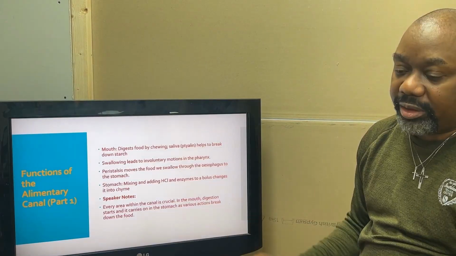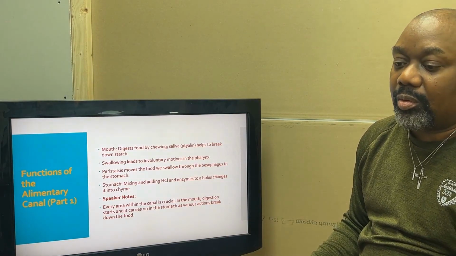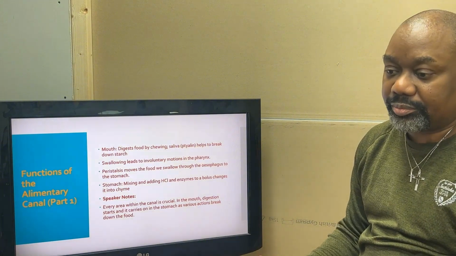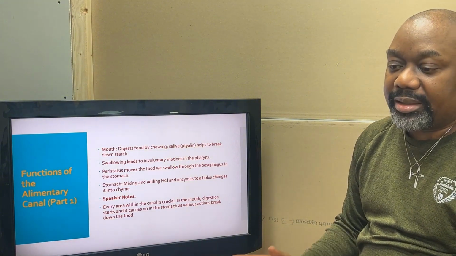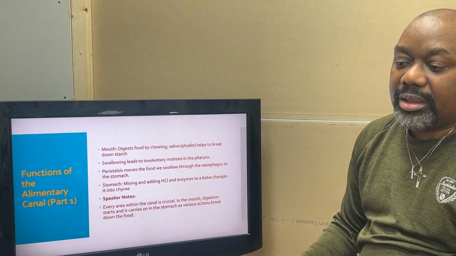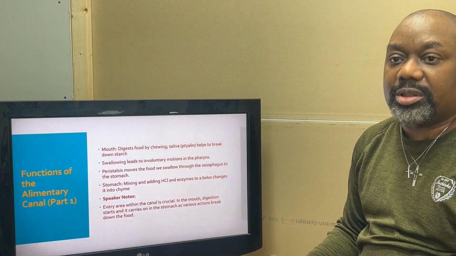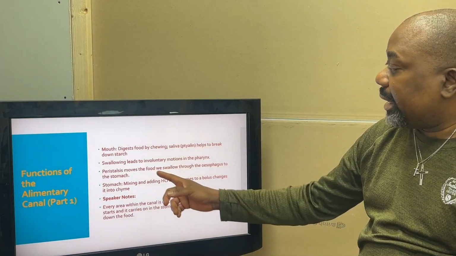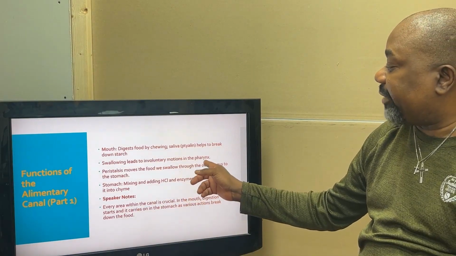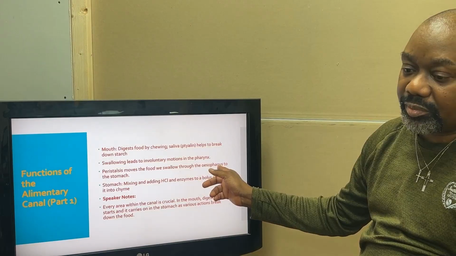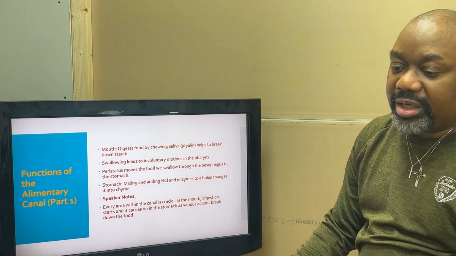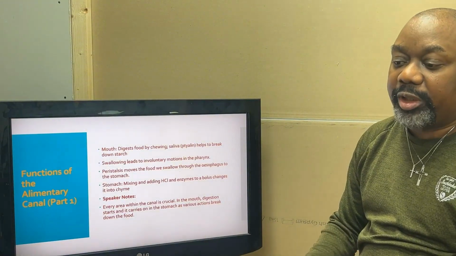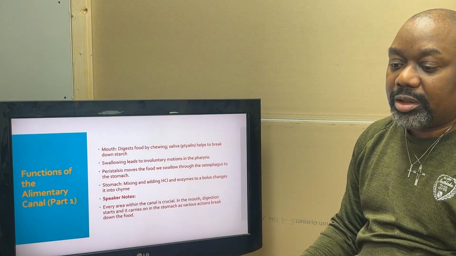You've got the mouth, which digests food by chewing. Saliva helps to break down starch. Swallowing leads to involuntary motion in the pharynx. Peristalsis moves the food we swallow through the esophagus to the stomach.